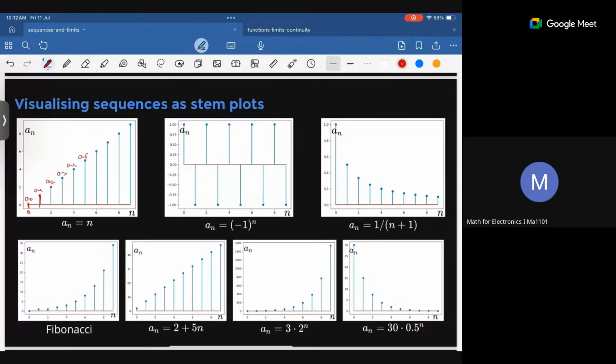When an is minus 1 power n, at 0 it takes value 1, at 1 it takes value minus 1. So the stem goes below, denoting it is a negative value. Okay, if it is positive, the stem goes above the x-axis. If it is negative, the stem goes below the x-axis. All right, so here there are many examples and their stem plots, and this is the best way to visualize sequences.